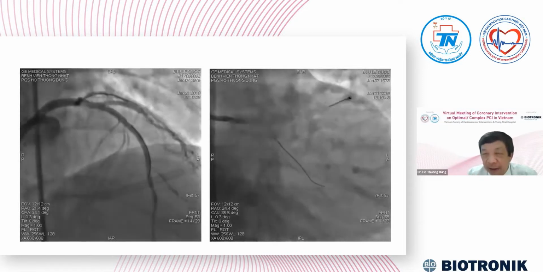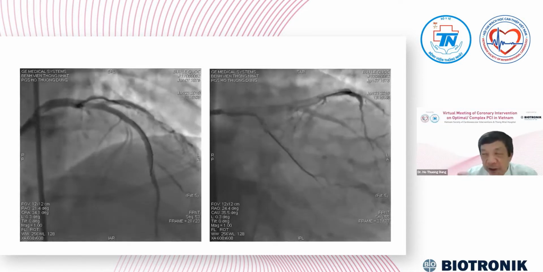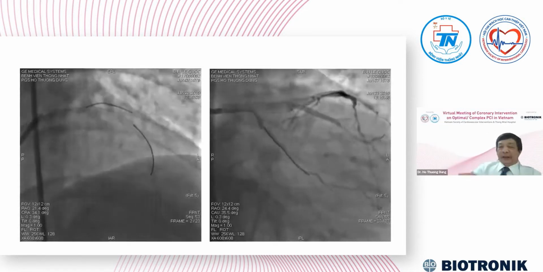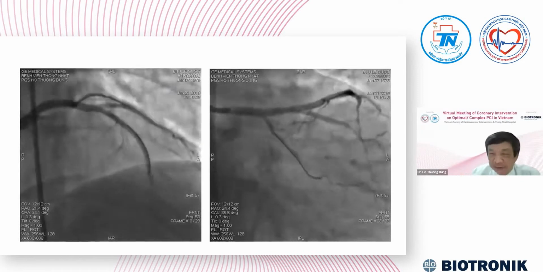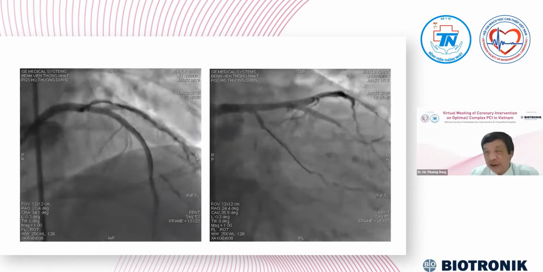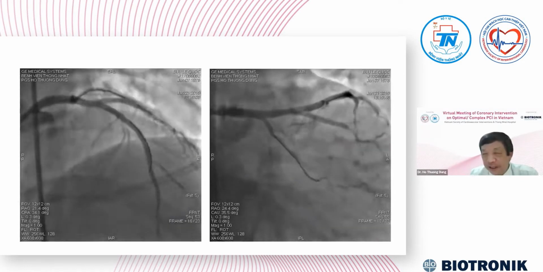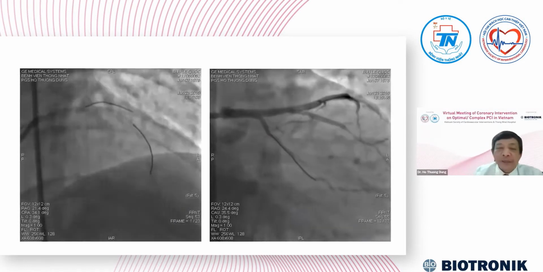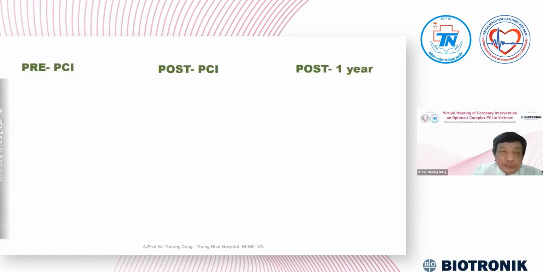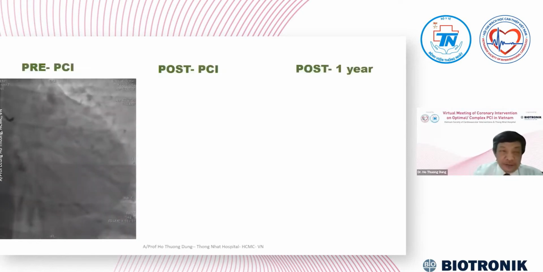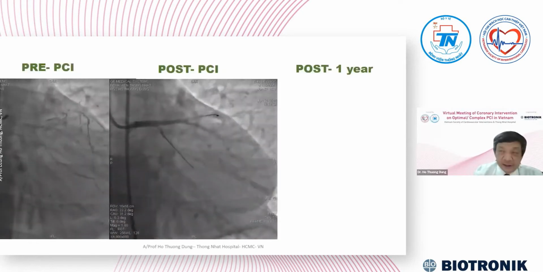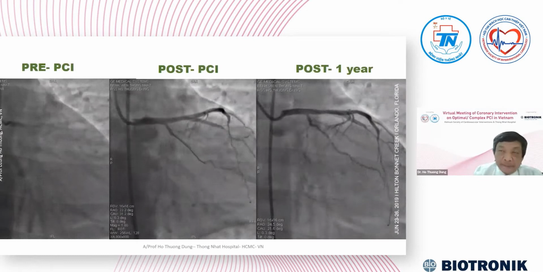But at that time, in an emergency situation, I didn't know the diameter, so we had to try a smaller stent to keep it patent. So the result is good post-procedure and at one year.